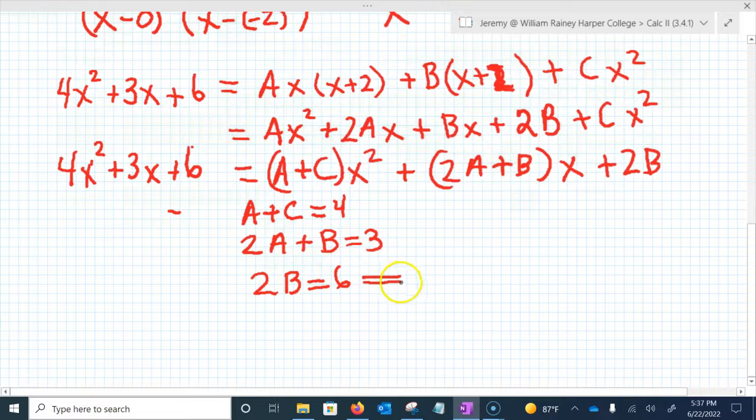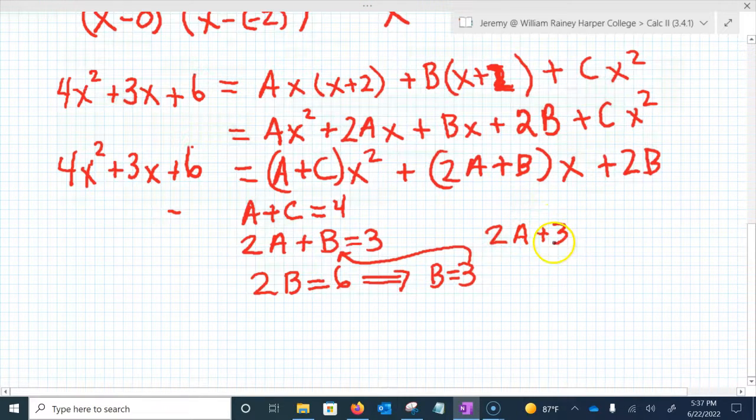So that implies that b is 3. So we'll put that here. So if b is 3, then that means 2a plus 3 equaling 3. Well, I'll subtract 3 from both sides. That means 2a equals 0, which means that a equals 0.